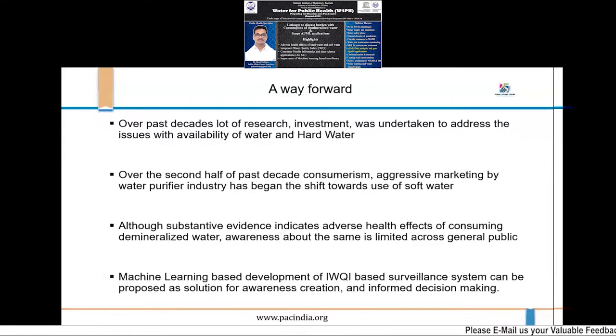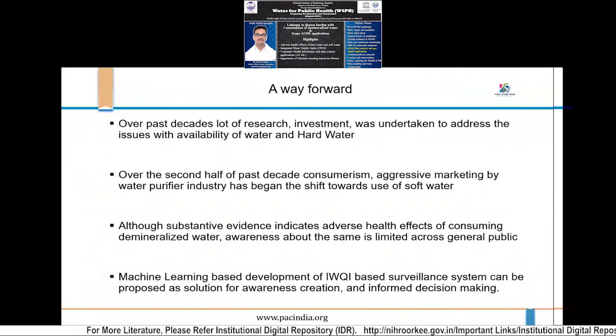It leads to informed decision making across sections of society, not only a particular population, not only a particular area, but it should be scaled up across the country and become a standardized approach, because at this point we know that there is a fast shift towards demineralized water.